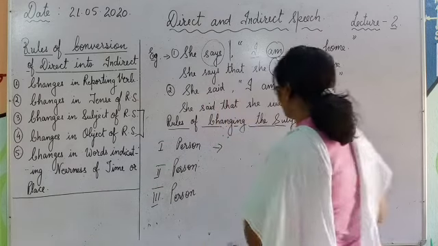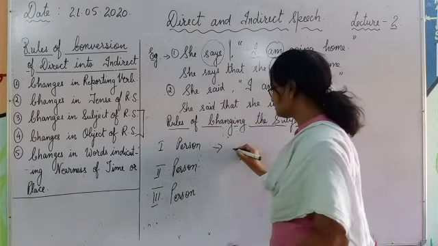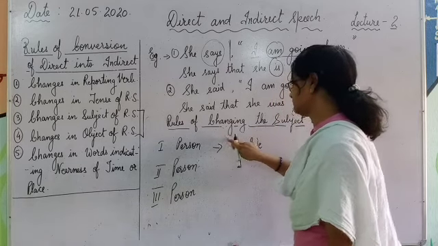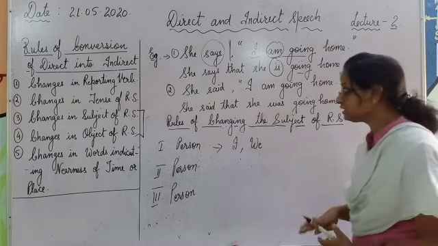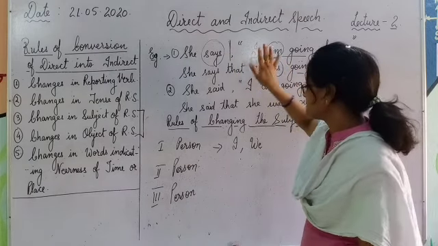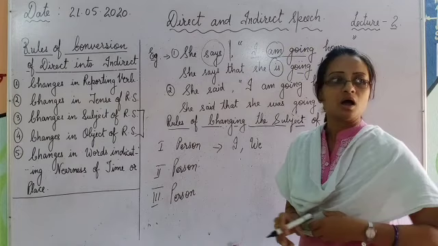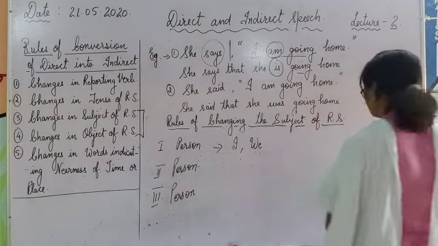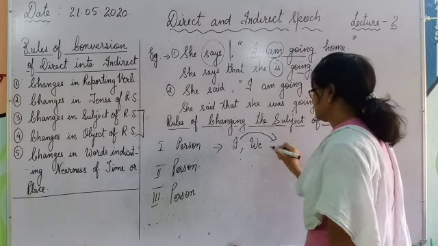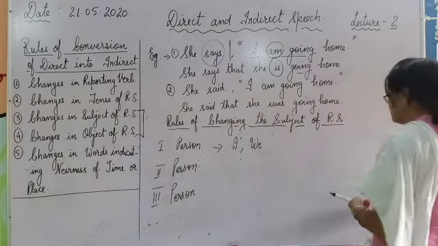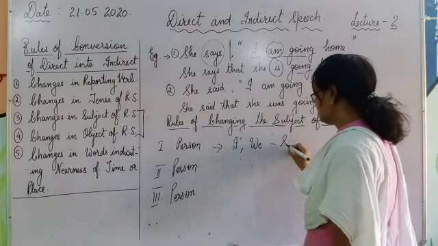Now what are the first persons? We can mention I and we. If there is I here or we, for example, she says, "We are going home," how will it be changed? You can say both these first persons will change according to the subject.